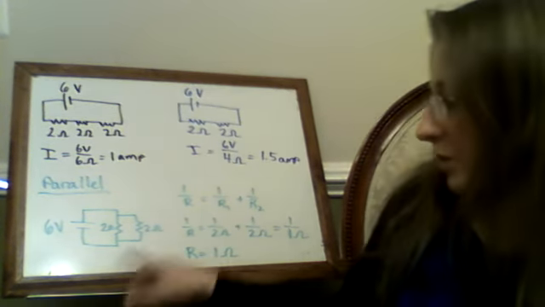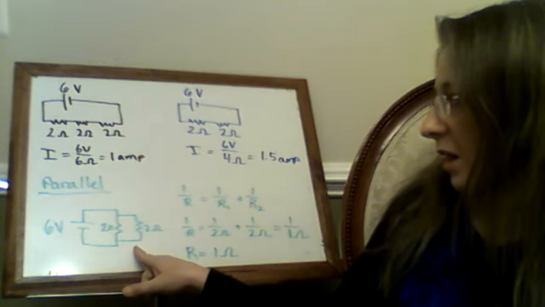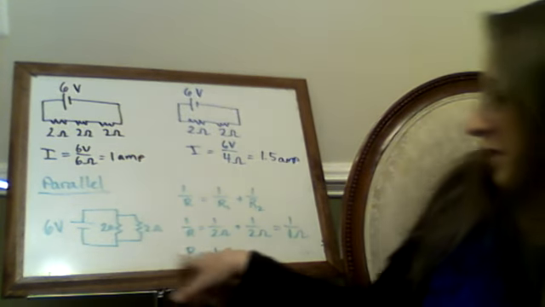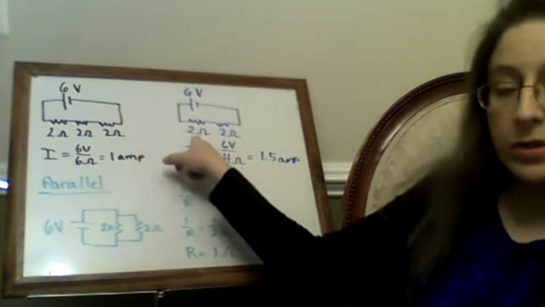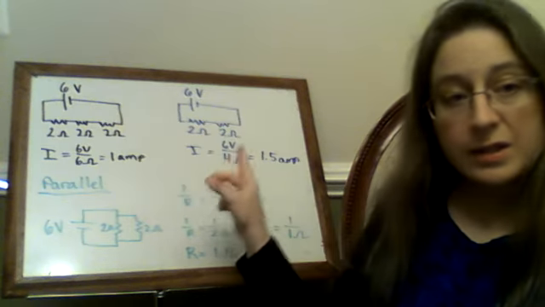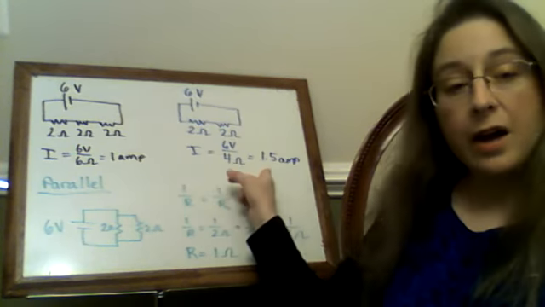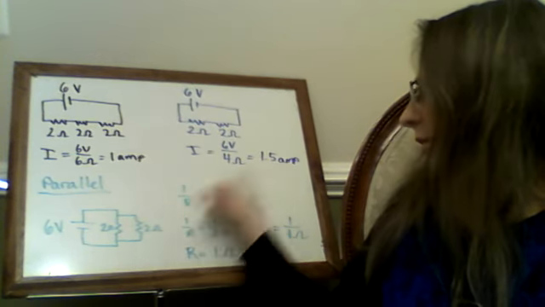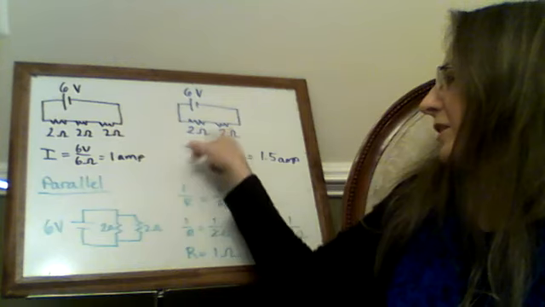Here. So when I have these two resistors in parallel, the resistance is 1 ohm. When I had those two resistors in series, the resistance was 4 ohms, because we just add them up.